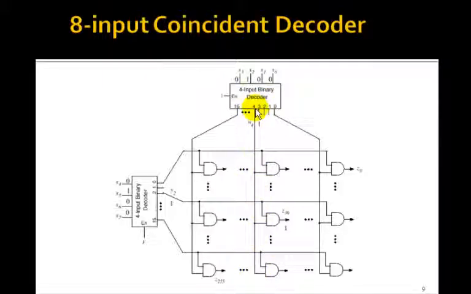And so when this column is high and this row is high, only this AND gate is enabled, and so the Z36 output gets connected to 1. These coincidence decoders are often used to decode RAMs, for example, where this could be an input address to a RAM, and you could select a particular bit location to enable.